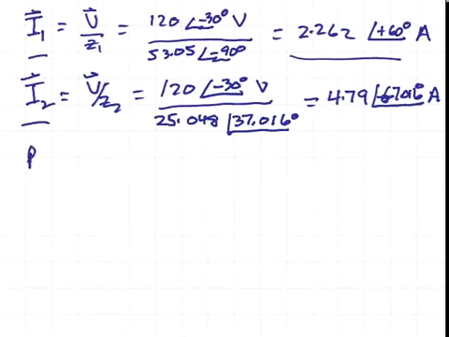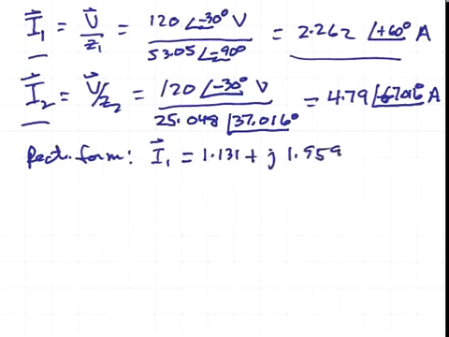Now we'll convert both of those currents to the rectangular format. We have I1 is equal to 1.131 plus J 1.959 amperes.